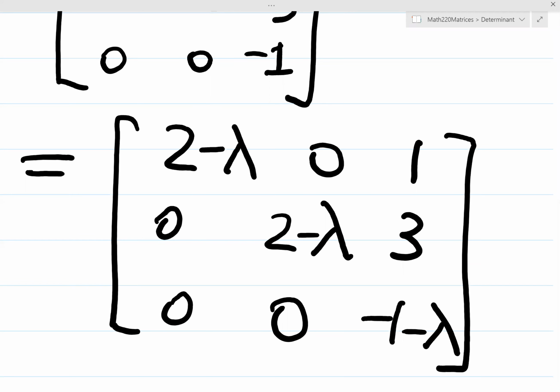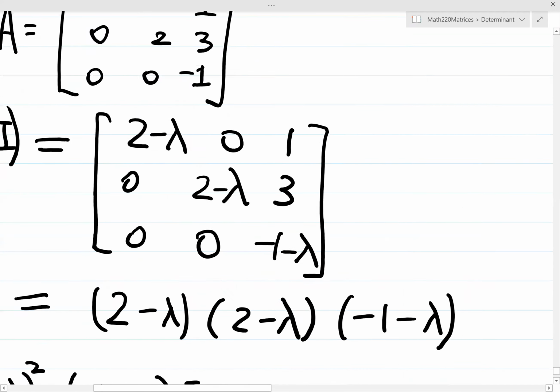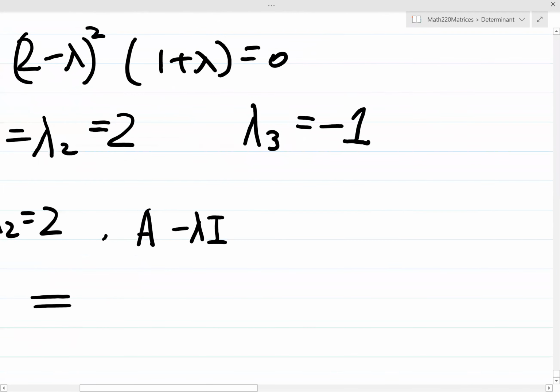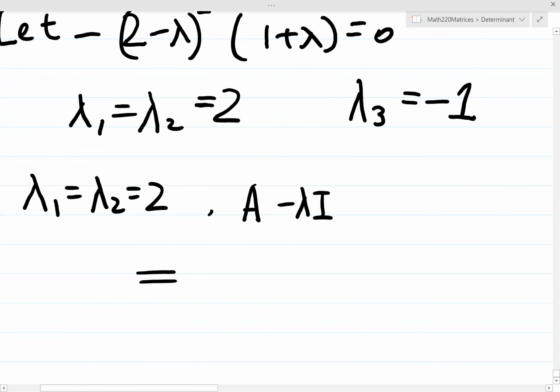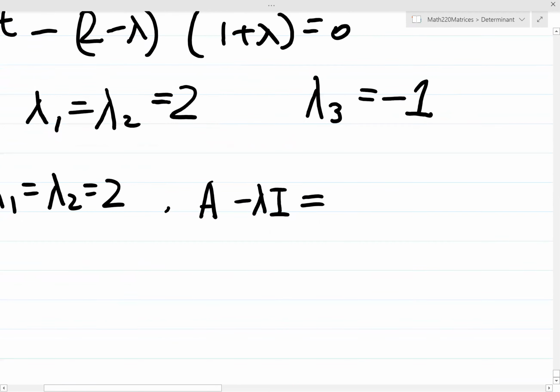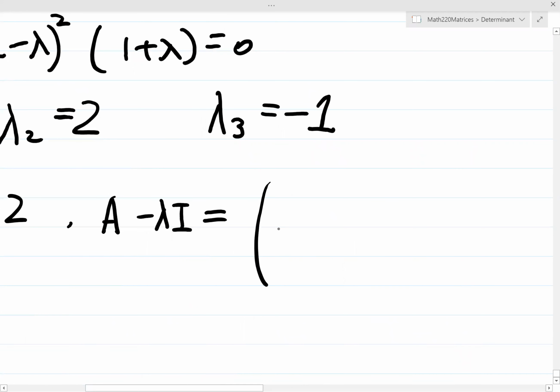The matrix A minus lambda I evaluated at lambda equal to 2 will be, let me write it here: a lot of zeros, 0, 0, 0, 0, 0, 0. Here you have -3, here you have 3, here you have 1.